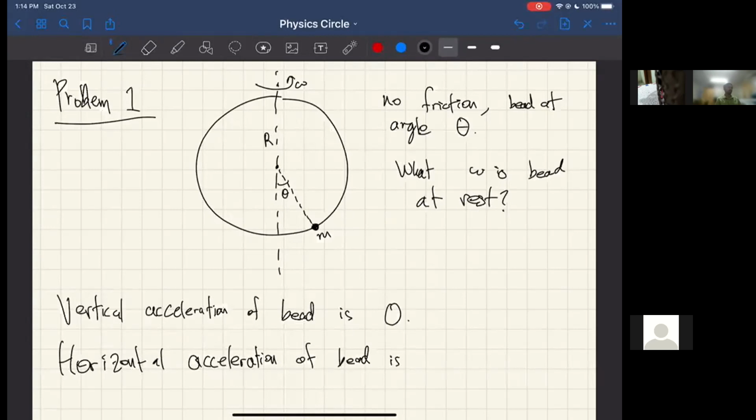It is not mr omega squared. So the question is, what trajectory is this bead tracing out? Mr sine theta omega squared, exactly.